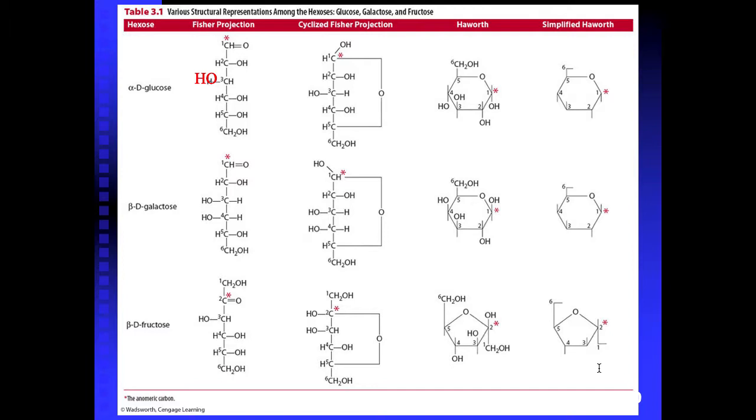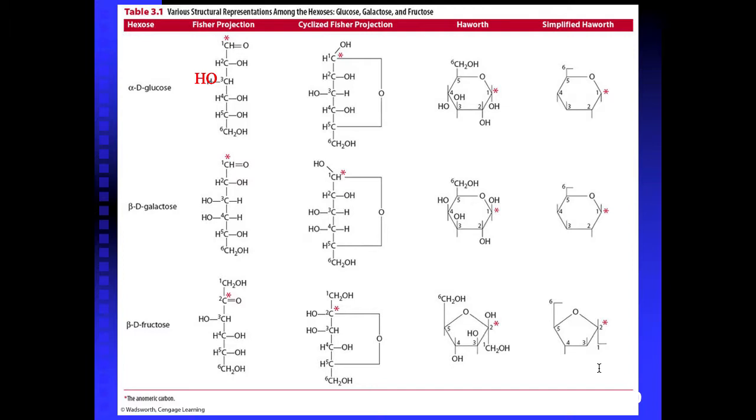If we backtrack and go over here, carbon number 1 is not involved in that oxygen bridge. Carbon number 1 has 2 hydrogens and a hydroxyl group. So over here, carbon number 1, this is the CH2OH. This is not the anomeric carbon. The anomeric carbon is carbon number 2 in fructose.